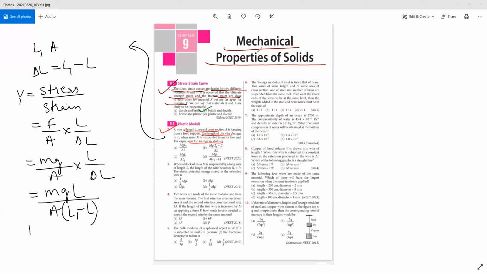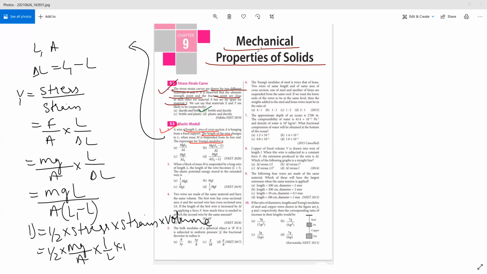And energy stored in the wire is given by half stress into strain into volume. So that is substituted as half into mg divided by A into 1 by L into area into L. So that's equal to half mgL we are getting.